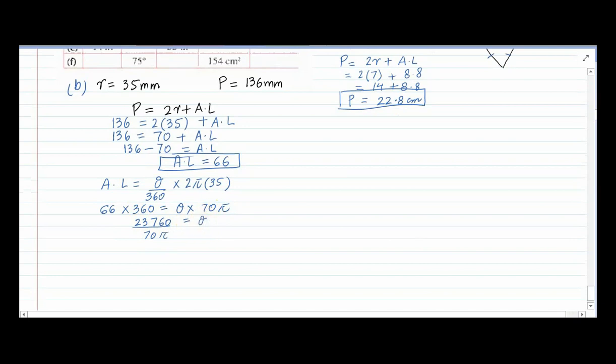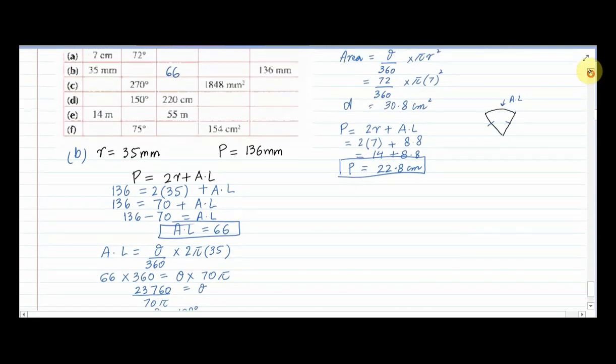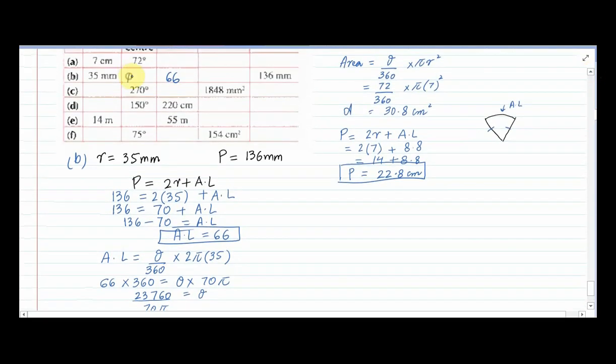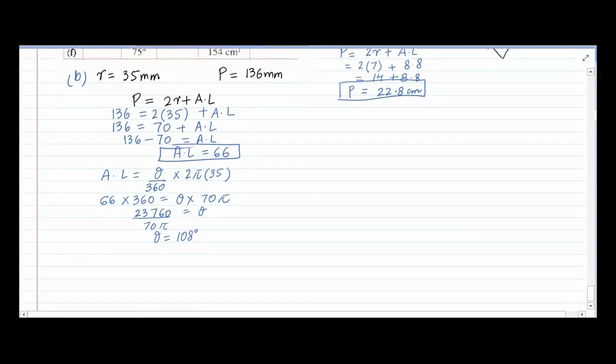So when you divide, it will be 108 degree. Now you have the value of theta, that is 108 degree. Once you have the value of theta and radius, then you can find anything of the sector.